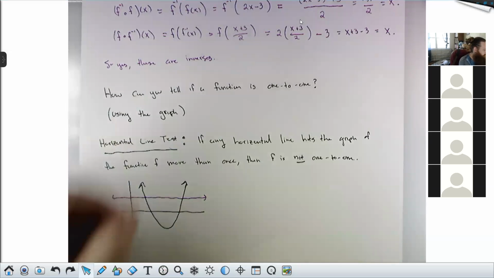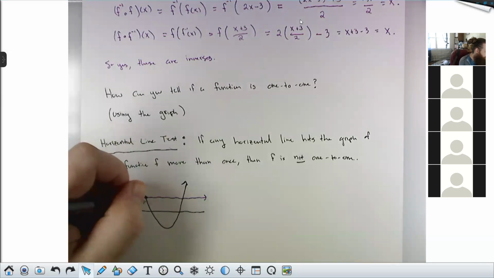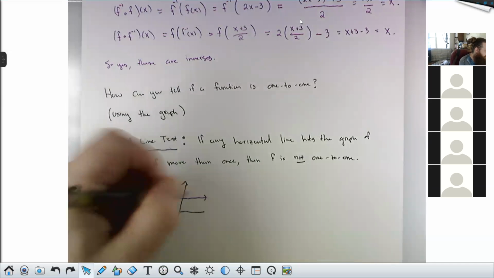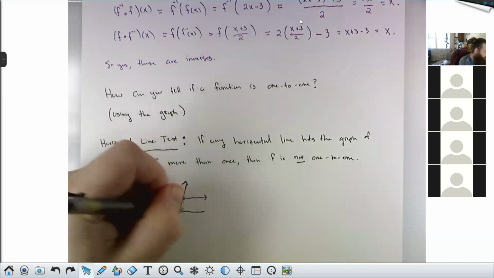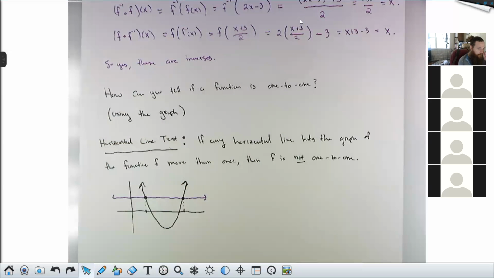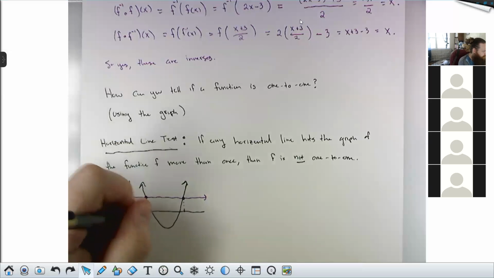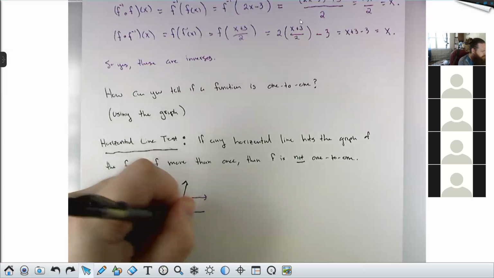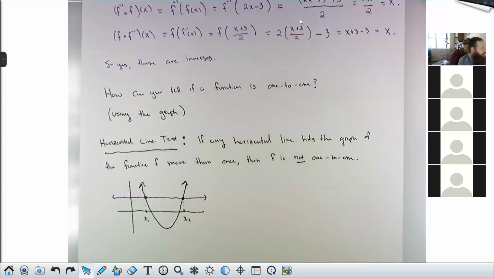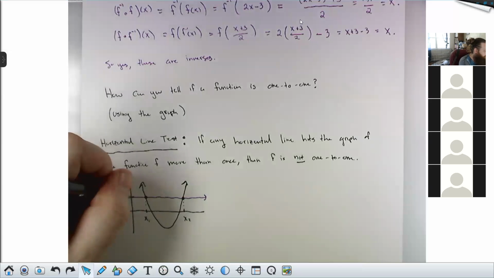That means that this point and this point are made up of x values and y values. I'll call this maybe x1 and x2, both of which go to the same y value.